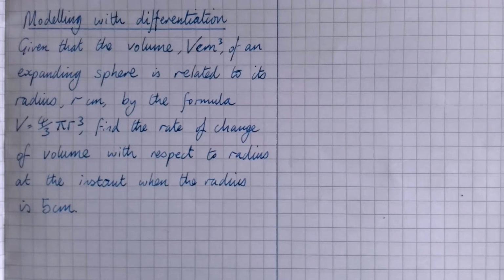You can think of dy over dx as a small change of y divided by a small change in x, and it's representing the rate of change of y with respect to x. If you replace your value of y and your value of x with variables that represent real life quantities, you can then use the derivative to model lots of different real life situations, as long as they involve rates of change, and there are loads of those.